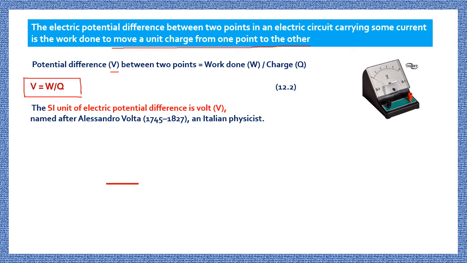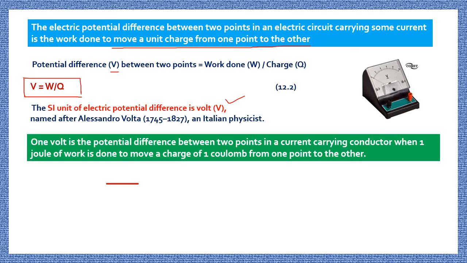The SI unit of electric potential difference is volt, and that is named after Alessandro Volta, who was an Italian physicist. 1 volt can be defined as the potential difference between 2 points in a current carrying conductor when 1 joule of work is done to move a charge of 1 coulomb from one point to another.